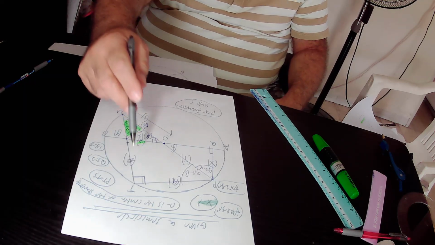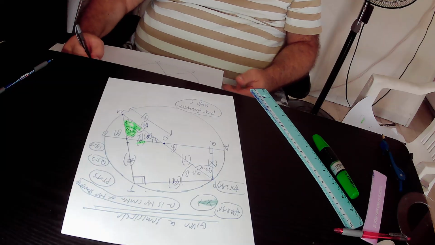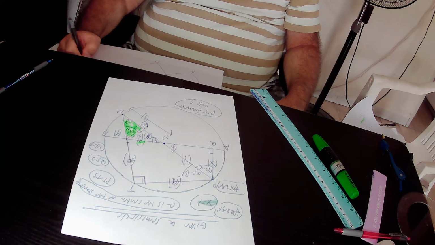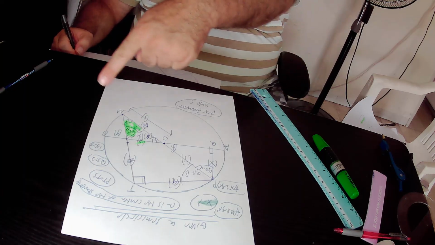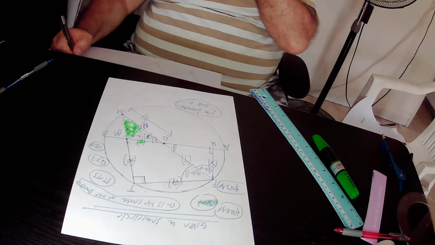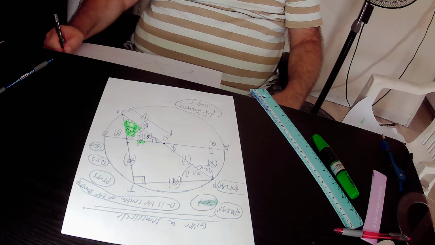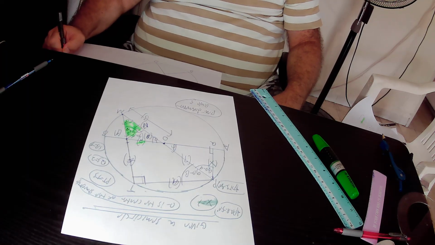Because in our drawing, this is chord TM. Chord TM intersects with chord AB. This is chord AB.